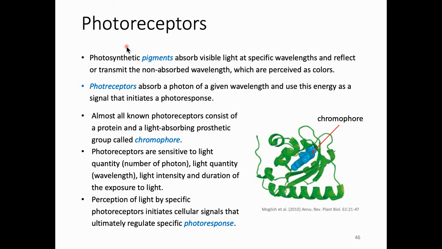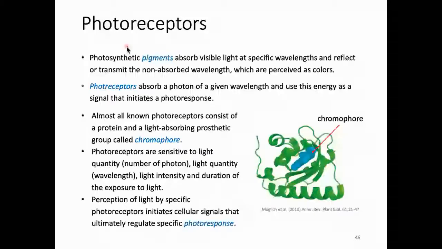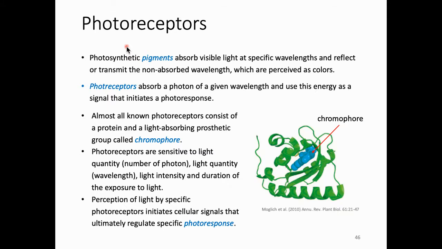But photoreceptors do a different job. They absorb photons of a specific wavelength, and they use that energy as a signal to initiate responses to light, which we call photoresponse.